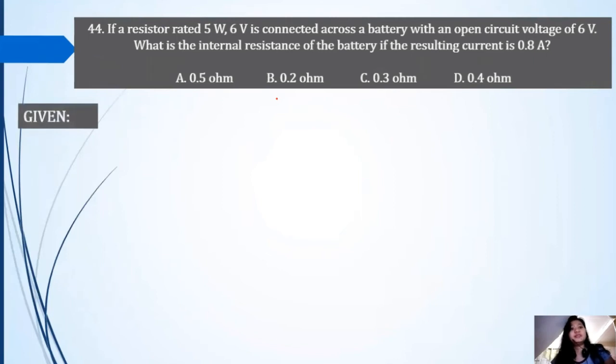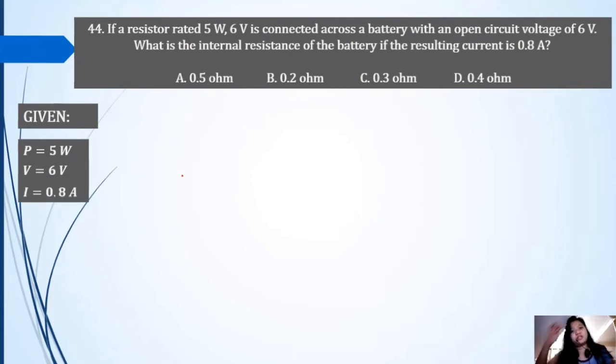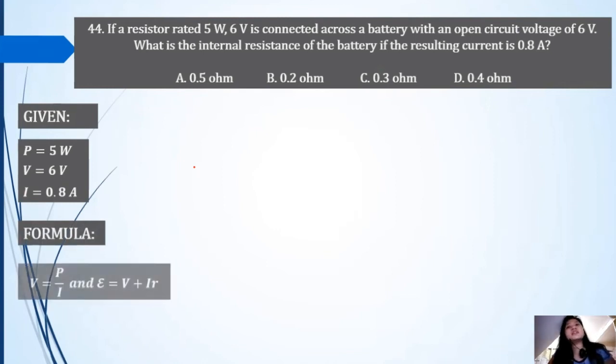So we will solve this by identifying first the given. The power is 5 watts, the voltage is 6 volts, and the current is 0.8 amperes. The formula that we will be using is voltage equals power over current. That is the formula for the voltage, since we have here the power and the current.